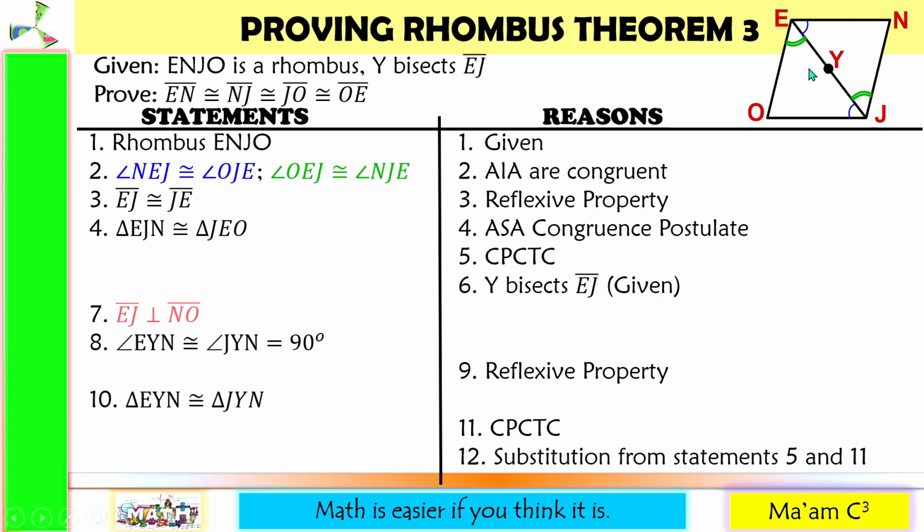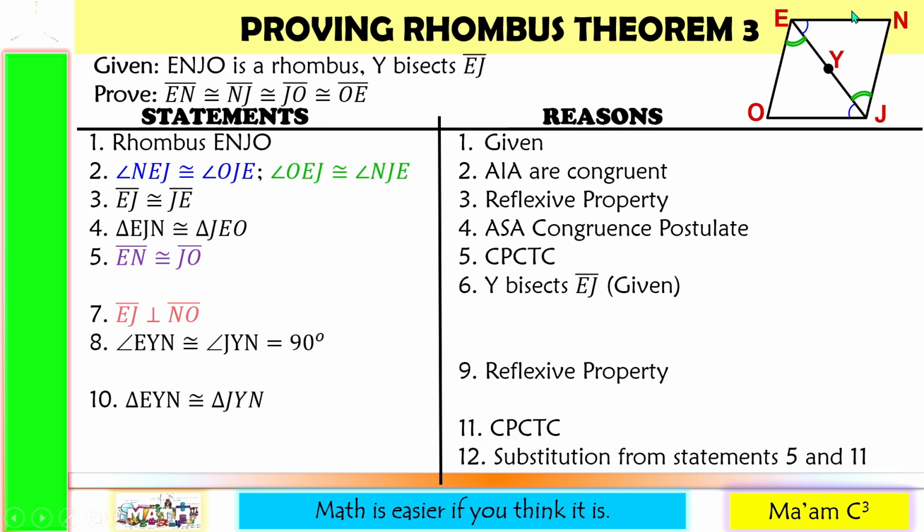And which parts of the triangle are we referring to? If these two are congruent, imagine this triangle, move it clockwise, wherein this angle will be on top of this angle, and this angle will be on top of this angle. So the congruent parts will be line segment EN is congruent with line segment JO.